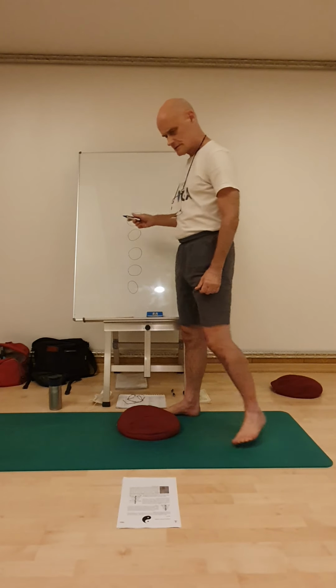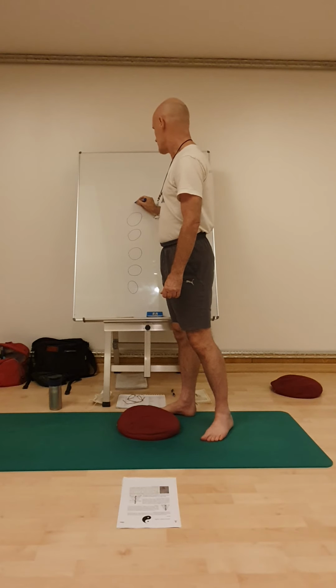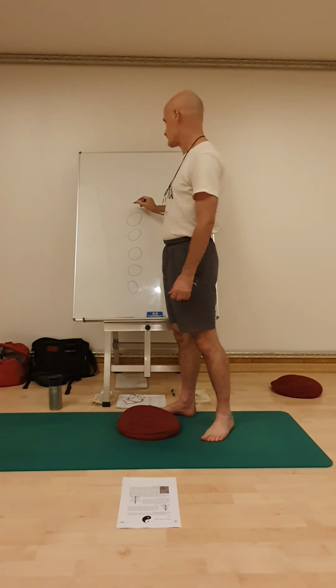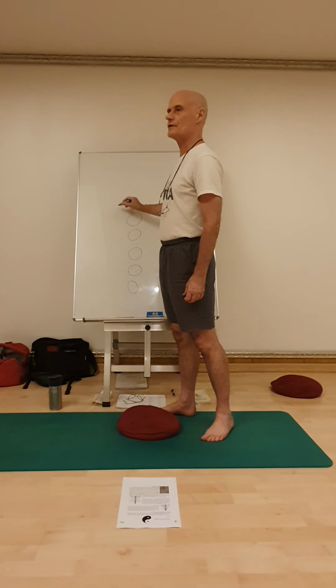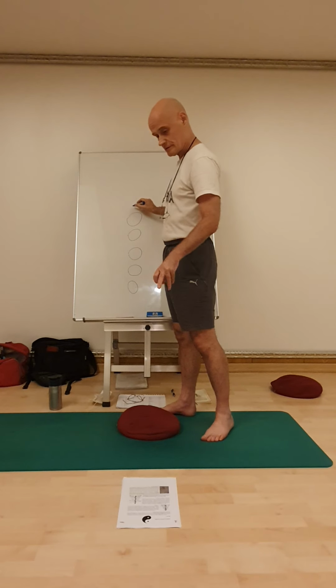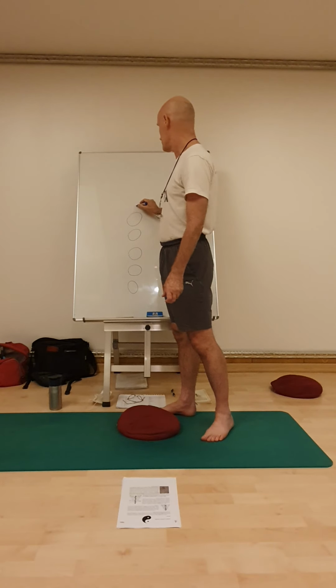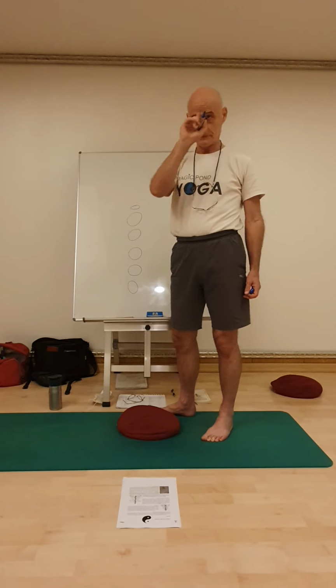You see in the drawing that Ajna Chakra is not a circle. I usually draw it as a circle because it's also the mental body. Ajna Chakra in the model is drawn as the third eye in the center of the head.